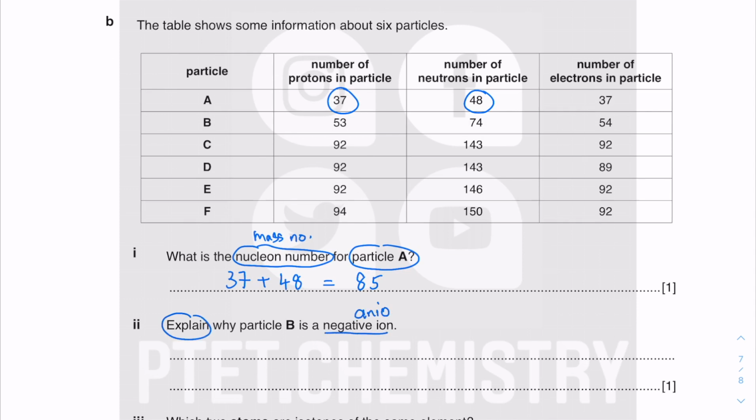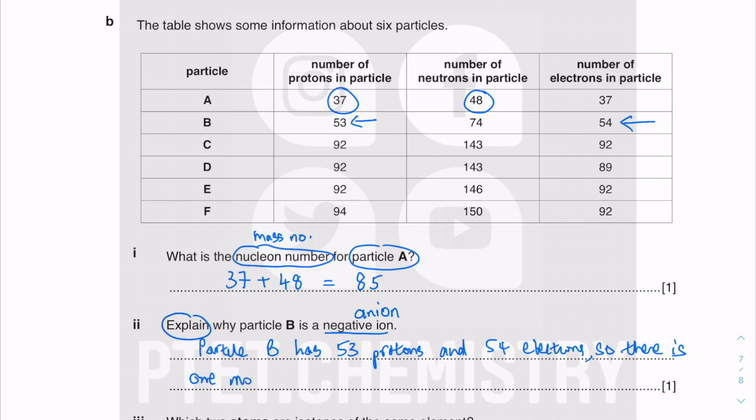Explain why B is a negative ion. A negative ion is called an anion. So look at the number of protons and look at the number of electrons. Particle B has 53 protons and 54 electrons. So there is one more electron than proton.